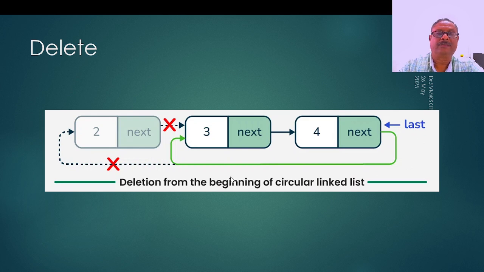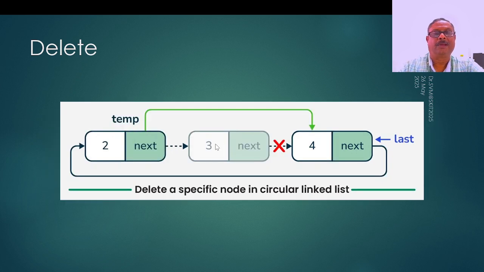The next of this will be the next of node 2, and node 2 will be deleted. The memory allocated for it will be released. The same way we can delete in between. It's the same activity as we did in the singly linked list. The only thing is it's a closed one.